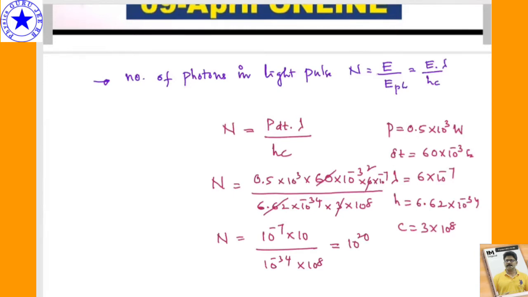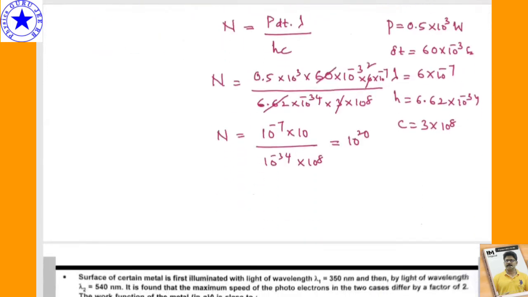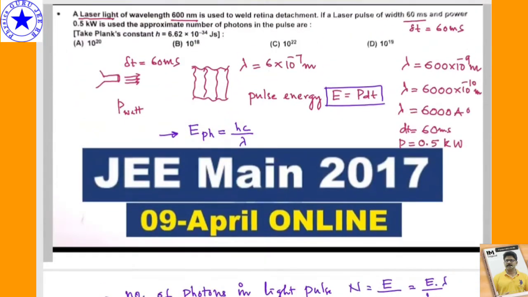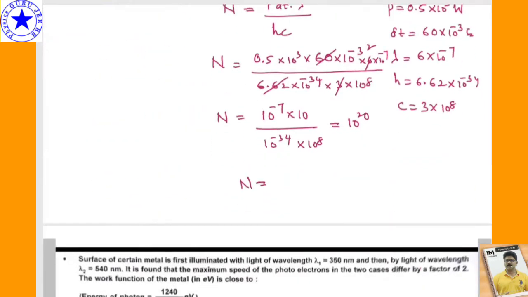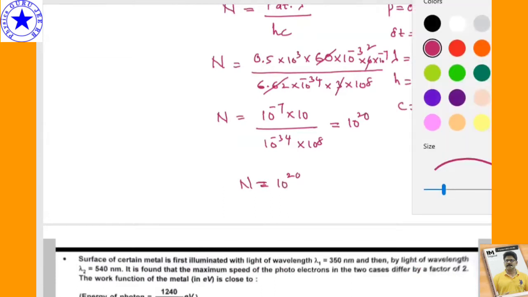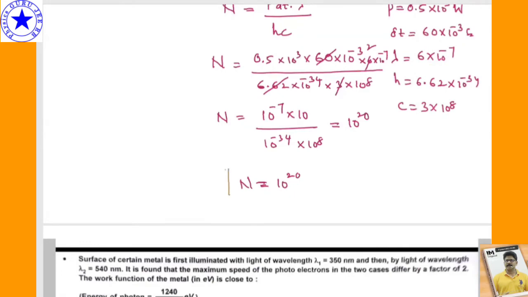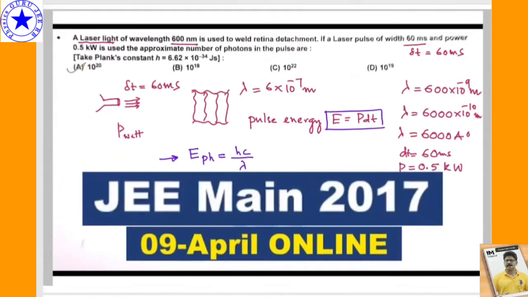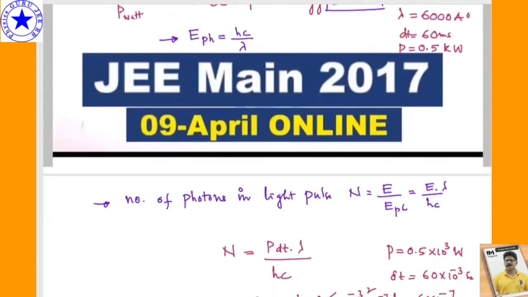The question asks for the number of photons in that pulse. The number of photons in the pulse is 10 to the power of 20 photons. Keep this in the box. It is matching with option A, 10 to the power of 20. Hope it is clear at this point.